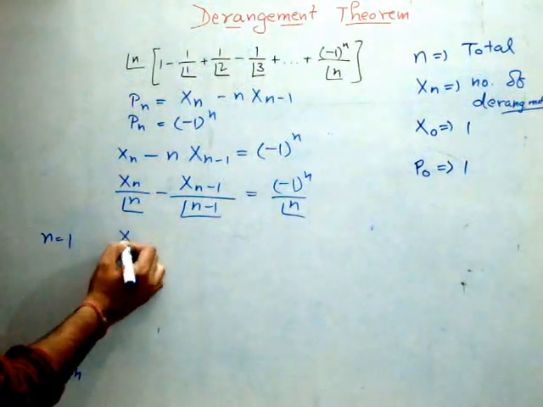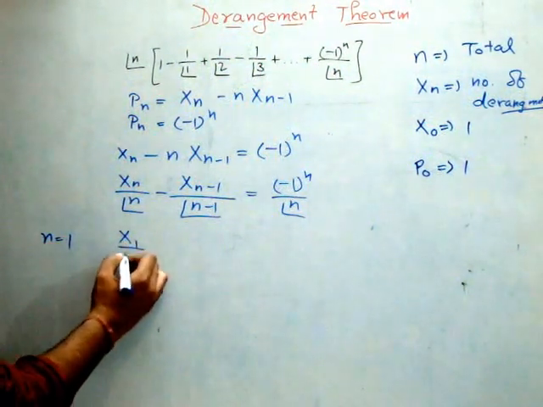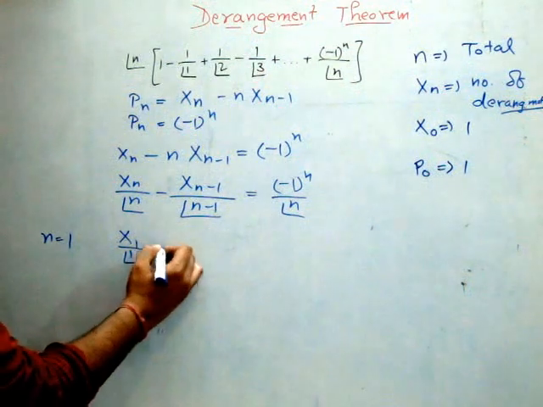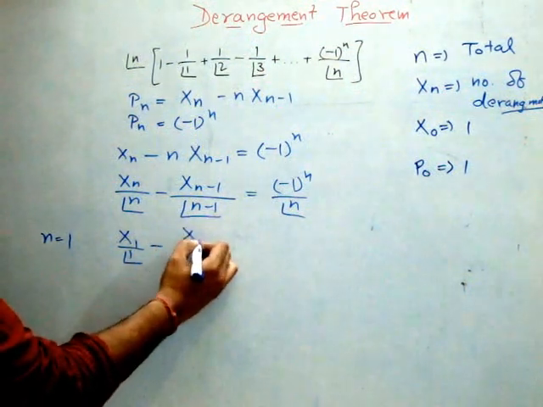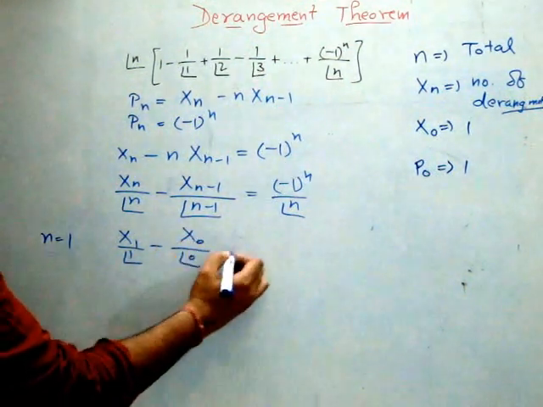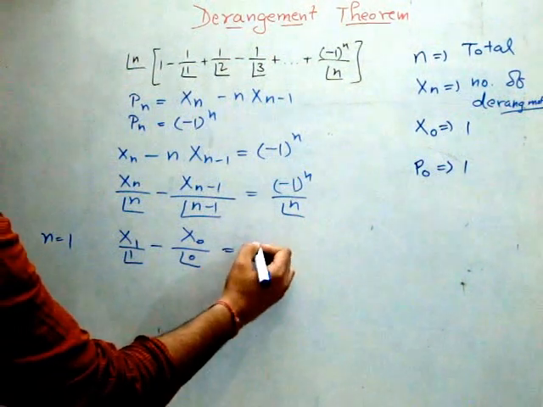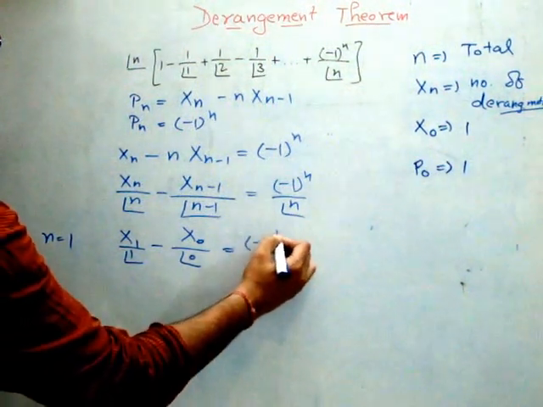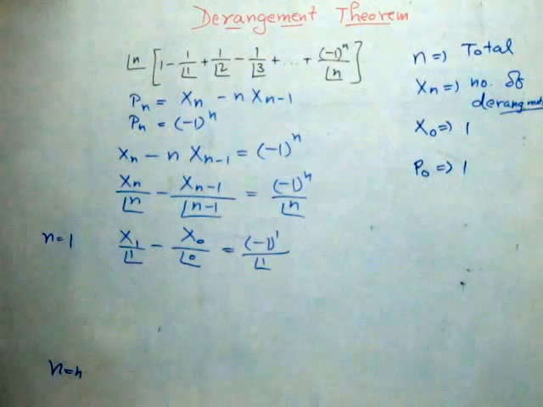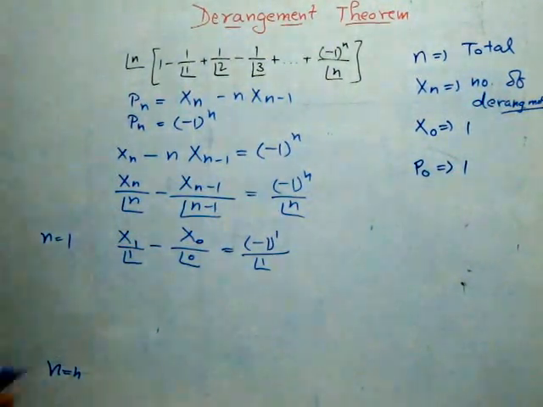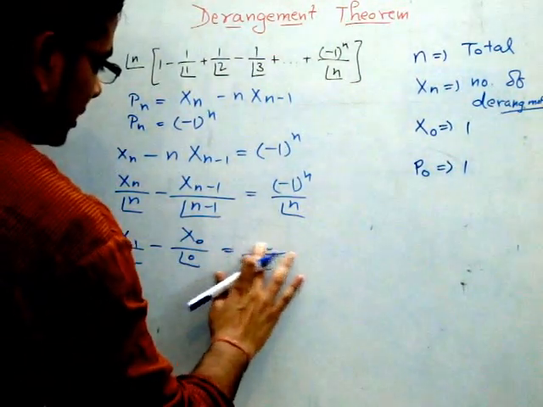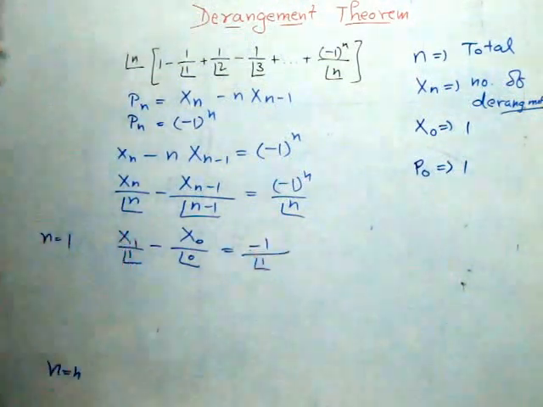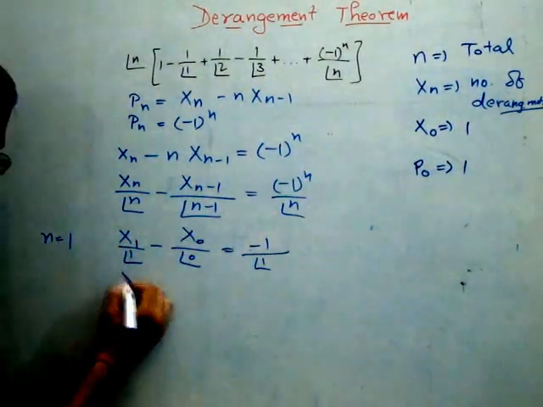We'll get x1 upon factorial 1 minus x0 upon factorial 0 equals minus 1 to the power 1 upon factorial 1. Fine. That is minus 1 upon factorial 1. Next one.